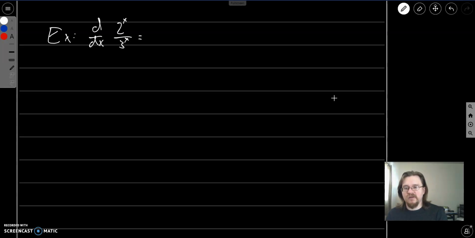So the derivative of this fraction here, we're going to take the bottom and square it. We're going to take the bottom times the derivative of the top, and we're going to subtract the top times the derivative of the bottom.